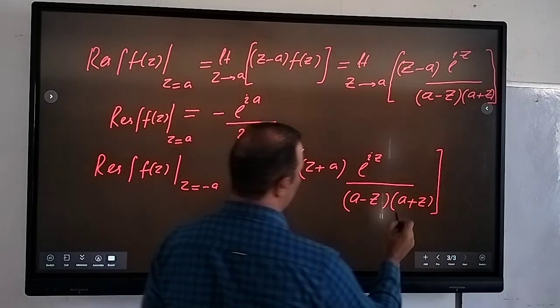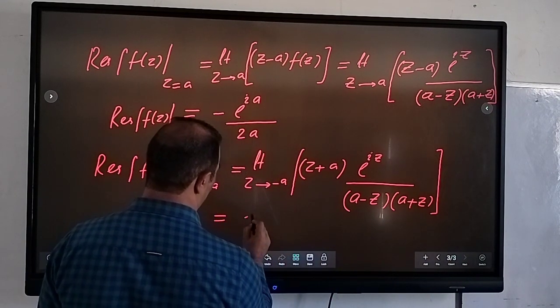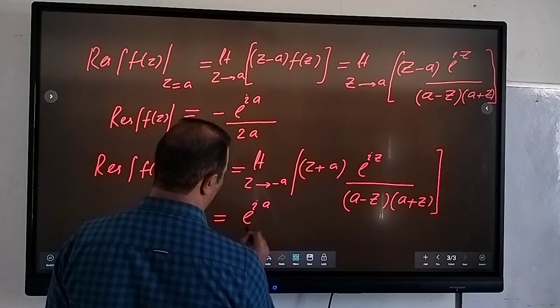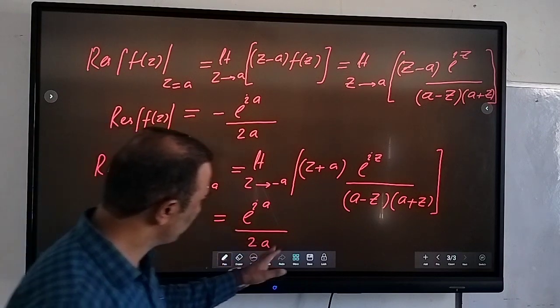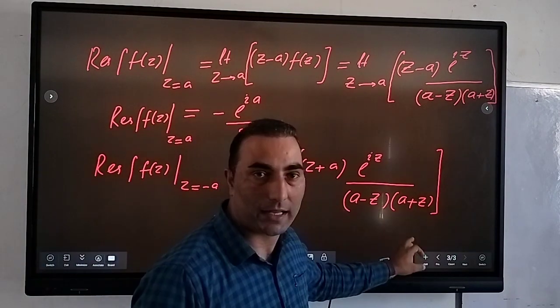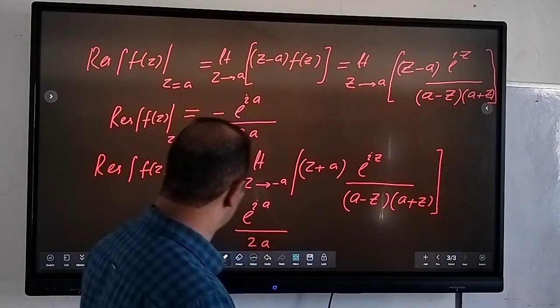Okay, or you can write this as, okay, because this a plus z will cancel with this thing. Okay, so because our z tends to minus a, so this is minus.